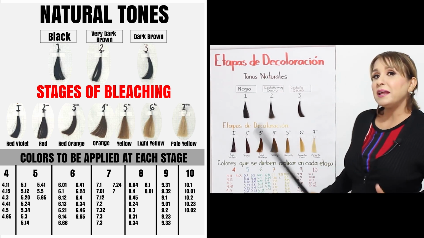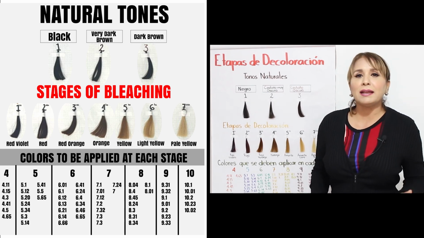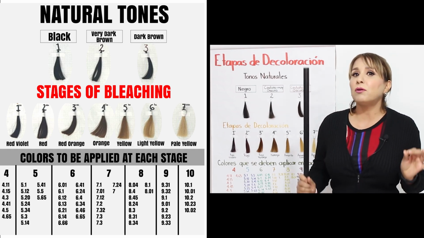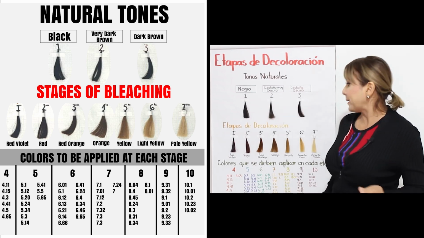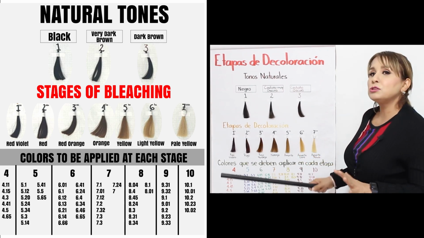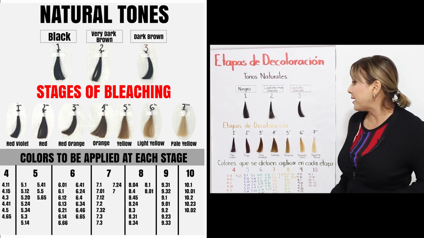Now I am going to explain to you why all the dyes that you apply at this point usually always have a red reflection. Because you are in the first stage and your hair base is always red.